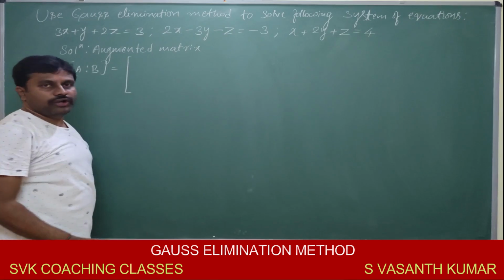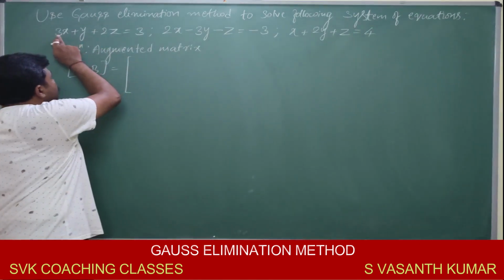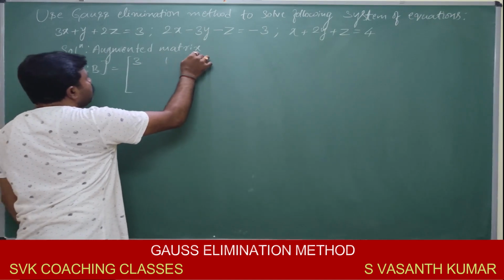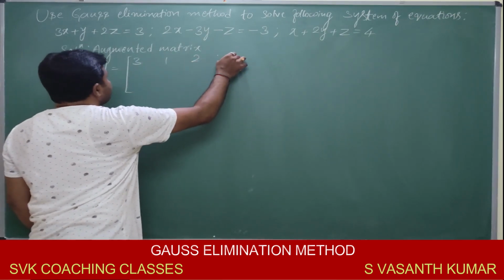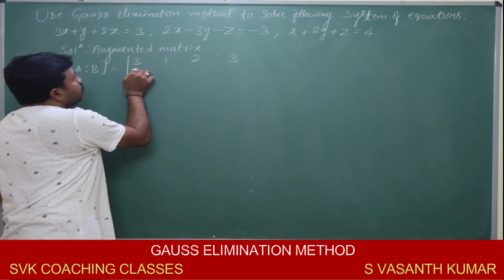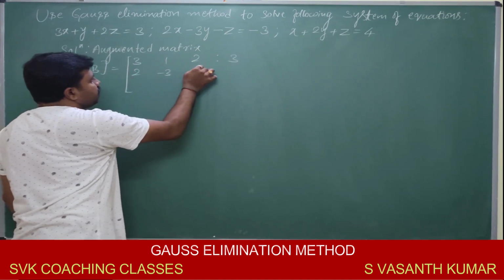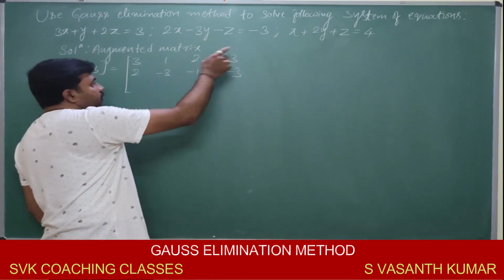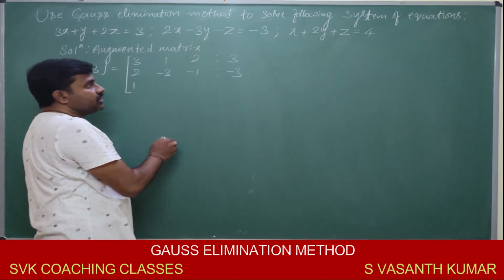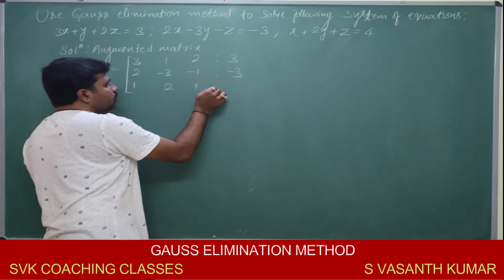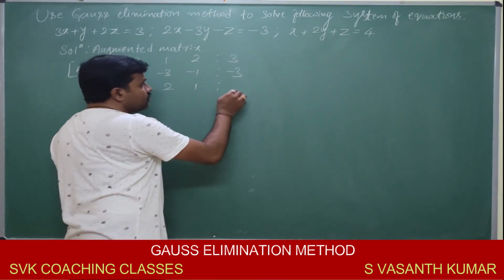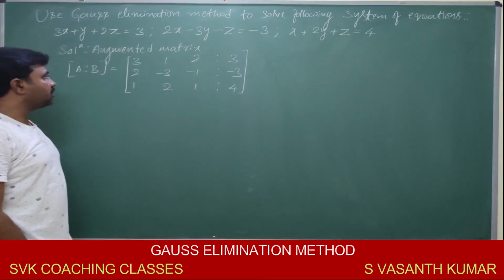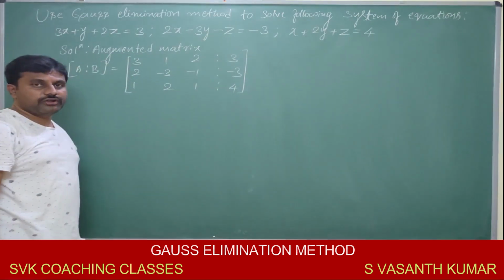A is nothing but the coefficient matrix. Coefficients of x, y, z are 3, 1, 1, then the matrix B is 3, 2, minus 3, minus 1 from the second equation, minus 3. From the last equation, the coefficients are 1, 2, 1, and the constant value B is 4. So this is the augmented matrix for the given system of equations.